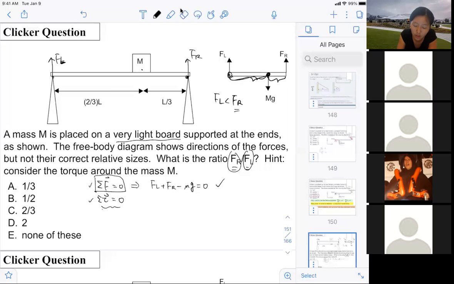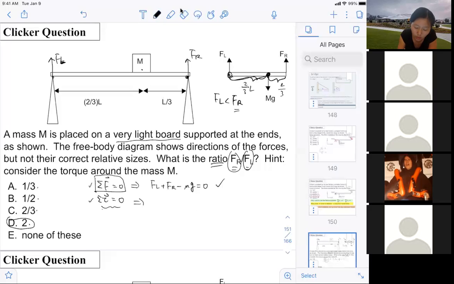If FR is larger, then the ratio of FR over FL has to be larger than 1, right? So if you look at these answer choices, only one of them says it's larger than 1. It has to be actually twice the F of the left, because you can see this one has double the length of the other. So one of them has to be twice as much.